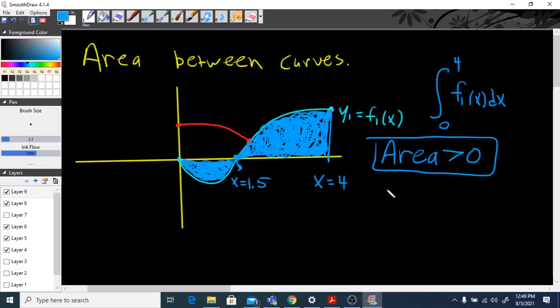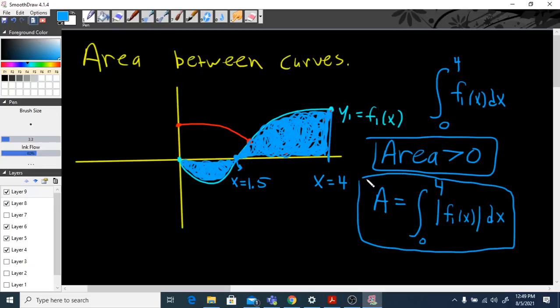To find the area of just the blue curve, we need to integrate from 0 to 4, but we need to do the absolute value of f1. This is exactly how we find the area between any curve and the x-axis, the total area. Now, how to do this in practice?